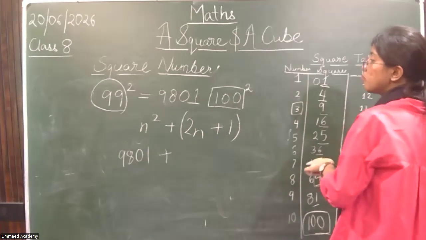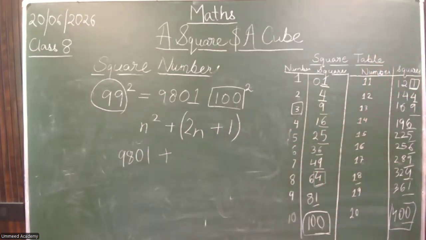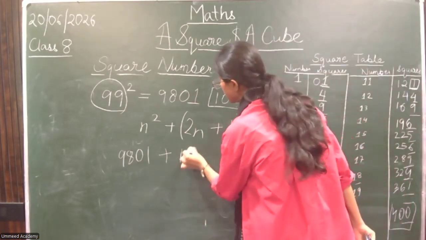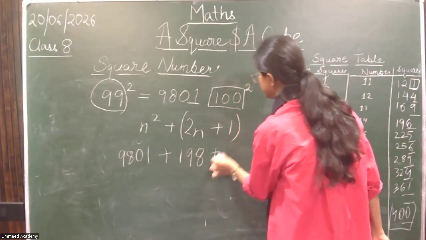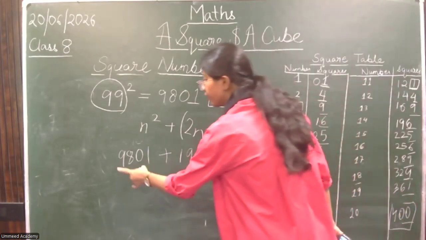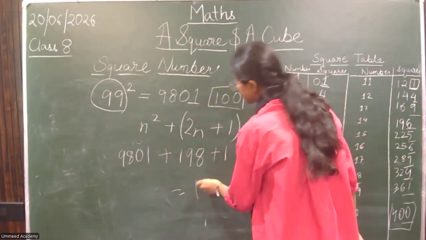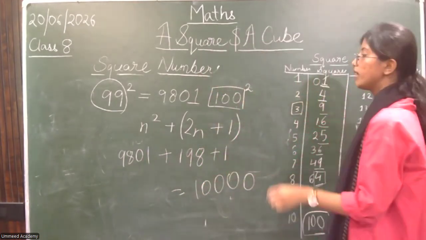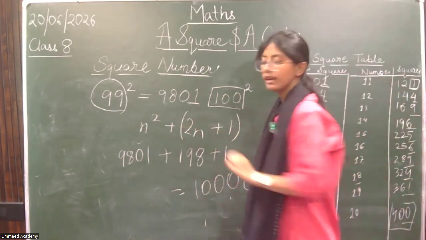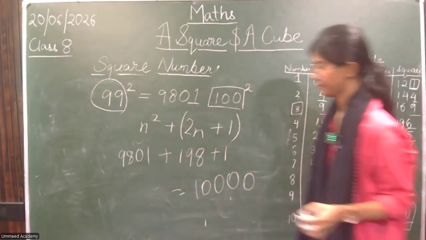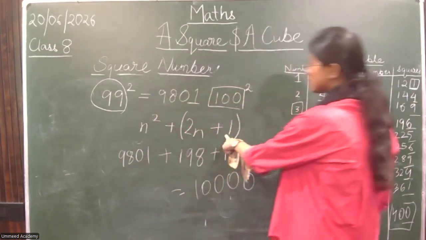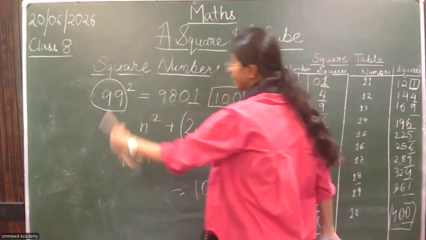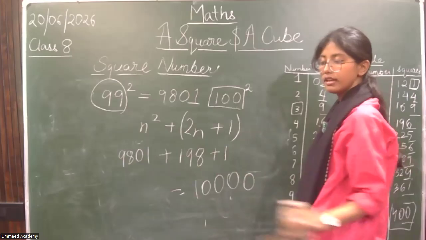And 2n plus 1, 2 into 99 is 198. 198 plus 1, 199, और फिर इसमें ऐड करोगे, so again we will get 10,000. तो ये वाला मेथड भी समझ आ गया. Plus 1 when we are taking this as n and minus 1 when we are taking this as n. Clear? बाकी तो सेम ही है.